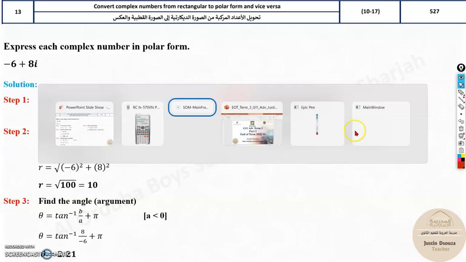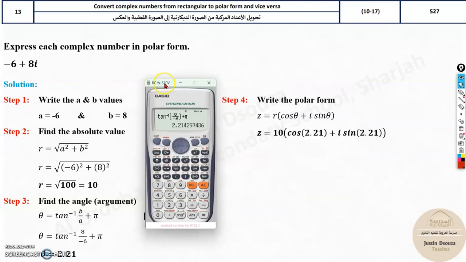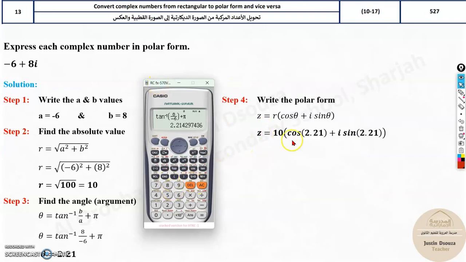You can check your answer. This is the simple way to check. Whatever answer you got, just solve this. First, multiply this 10 inside. It will be 10 multiplied by cos of 2.21. It should be in radian mode because this is in radians, and solve it. Now we have not considered all the decimal values, so that's why it's almost 6.